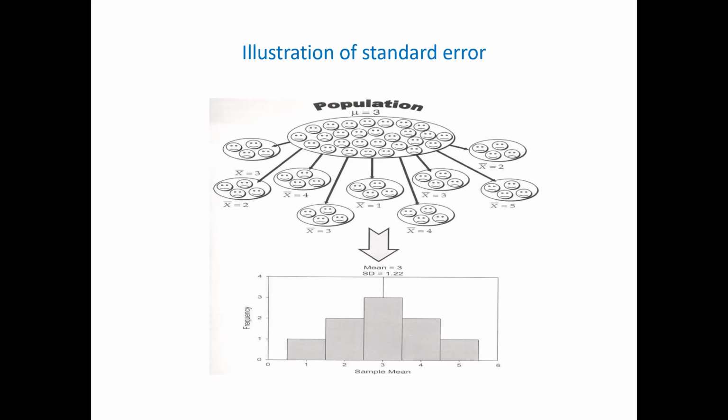If the mean average number of children in that population is 3, can you see mu in the population? Mu is 3. And somebody took a sample of 4 family households, many times, 9 times.